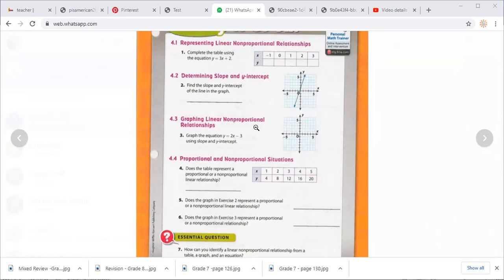In the first question, he said complete a table to find order pairs related to the equation. In this question, he said graphing a linear non-proportional relationship y equals 2x minus 3, but he doesn't want us to use a table to represent it graphically.